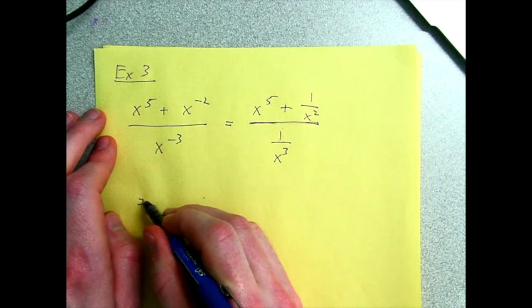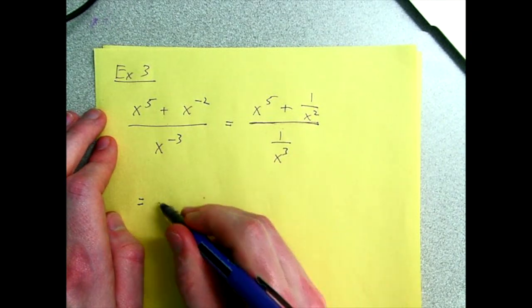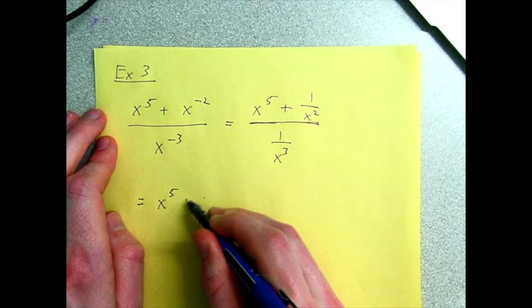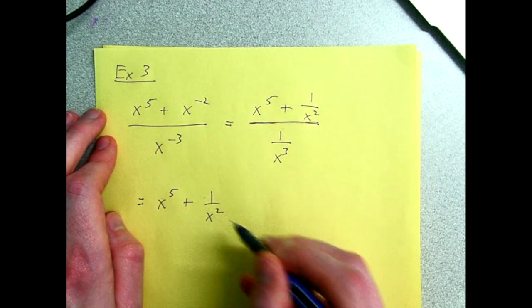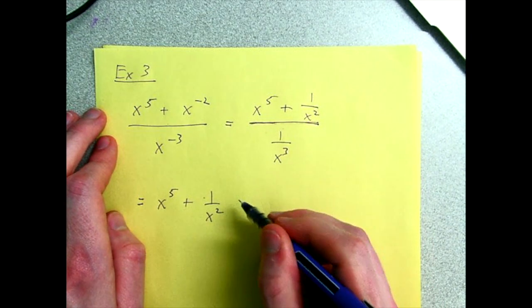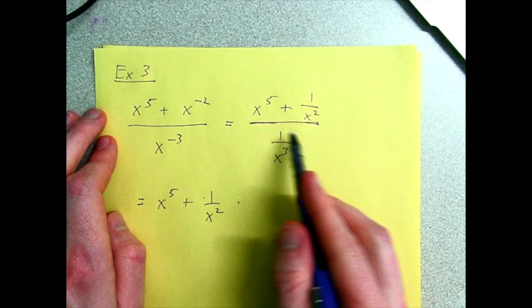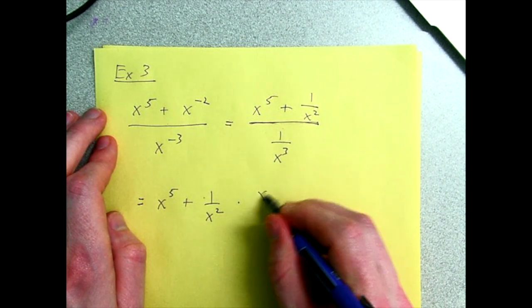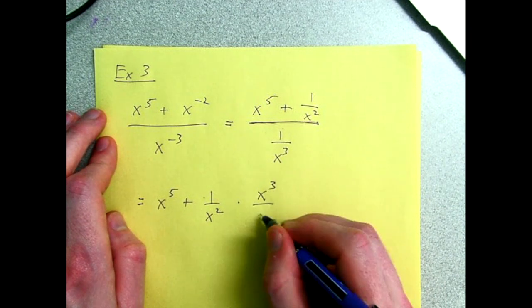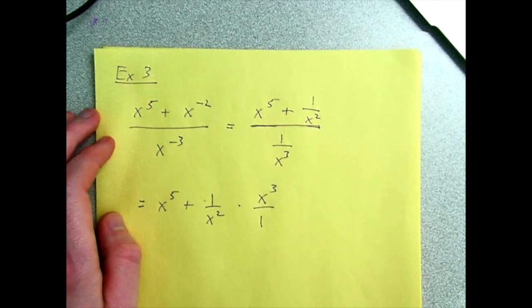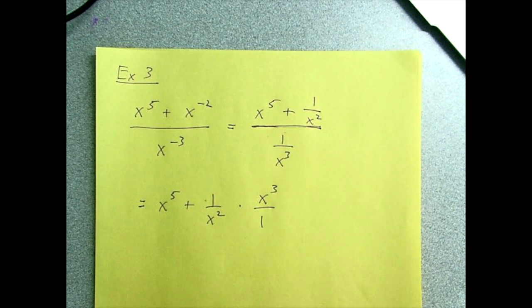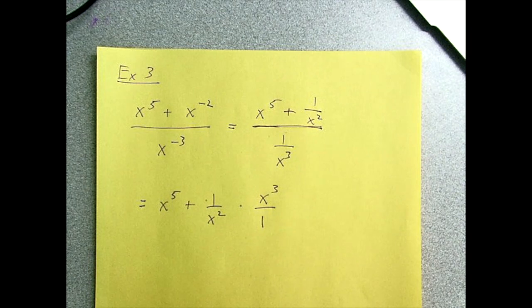So I keep the numerator the same, x to the 5th plus 1 over x squared. I change the division to multiplication, and then I flip that upside down, so that's x to the 3rd over 1.